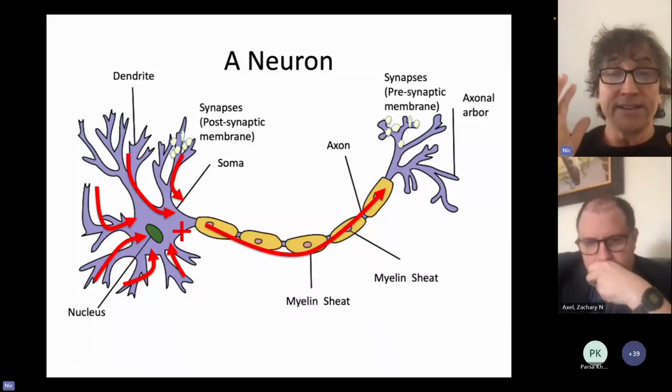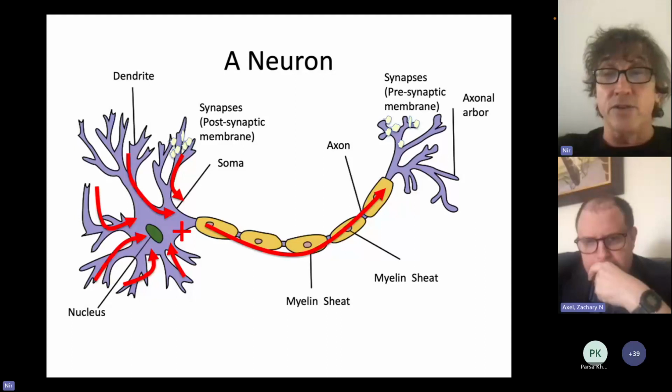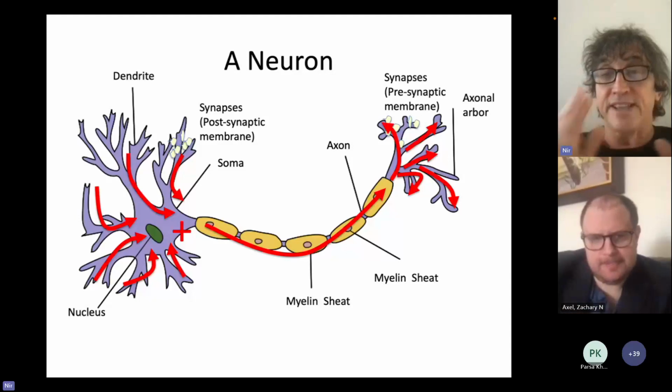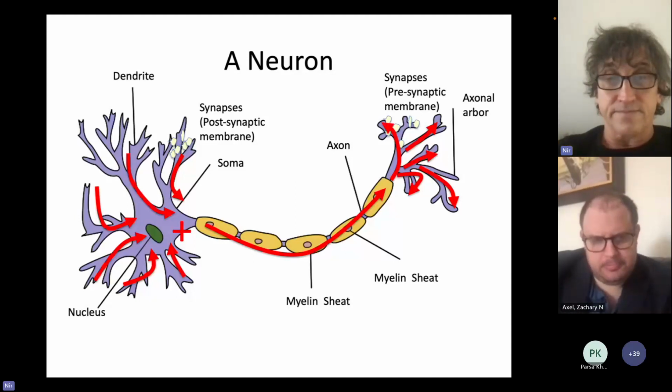And if I pass some threshold, typically I send an electrical pulse down the axon, which is then spread along the axonal arbors to the synapses that connect to other neurons, and so on. So this is, in a very rough way, how a neuron functions.